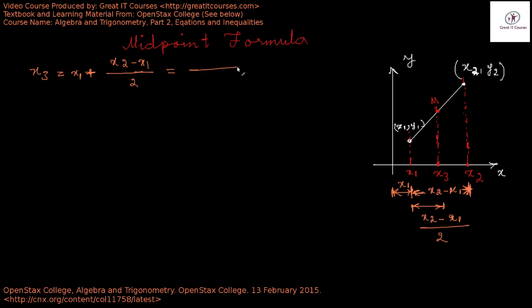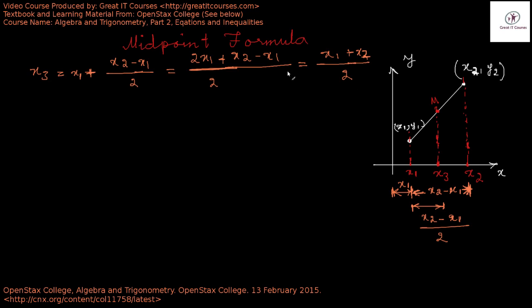You can write this as 2x1 plus x2 minus x1, all over 2. And this would be equal to basically 2x1 minus x1 is x1, plus x2, divided by 2.